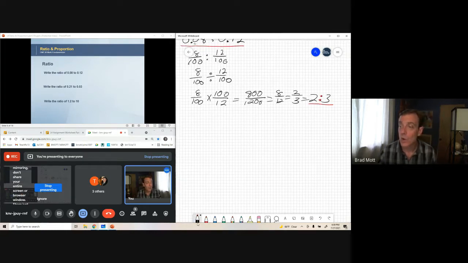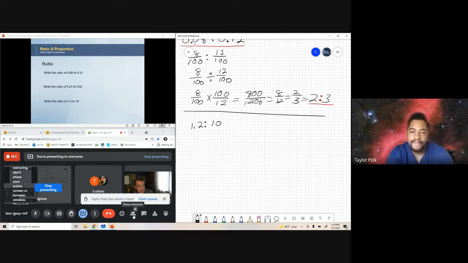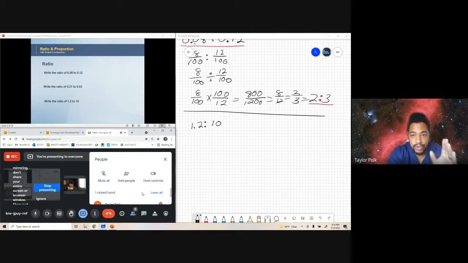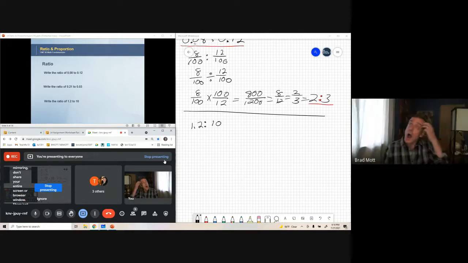So let's work the ratio of 1.2 to 10. Oh, yes, Taylor. So just making sure for the homework, are we listing it as 2 to 3, or would we do it as like the division sign with like the slash?